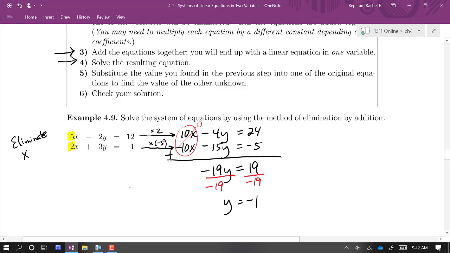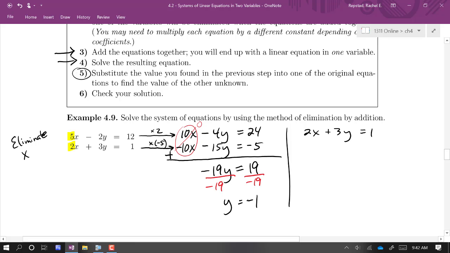Now that we know the value of y, we're going to find the value of x. We're now at step 5: substitute this value we found into one of the original equations. Either of them will work just fine. Let's say I pick the second equation, 2x plus 3y equals 1.